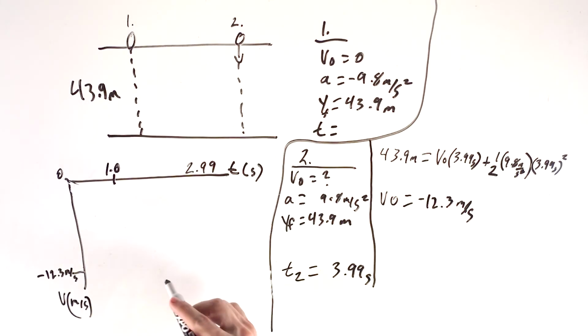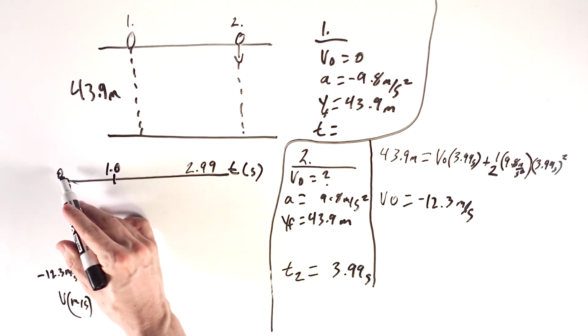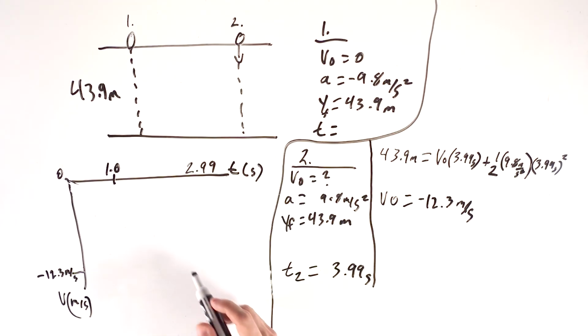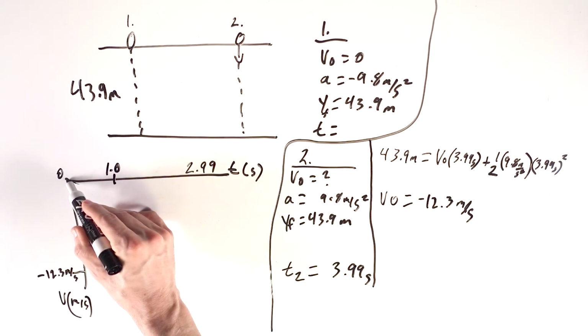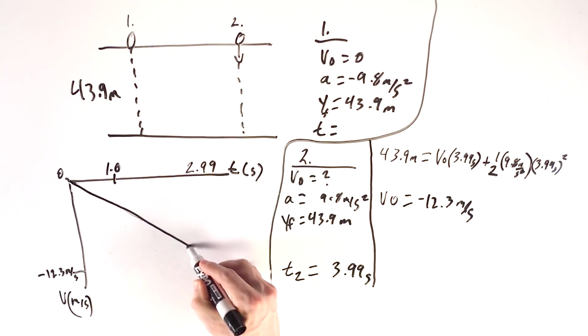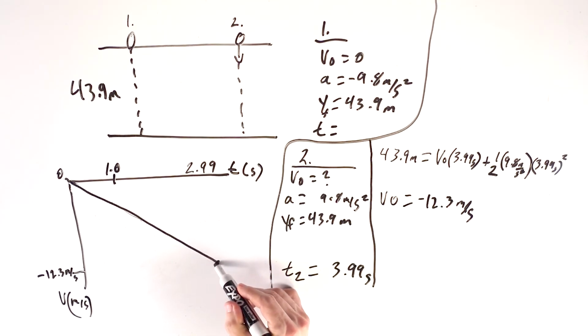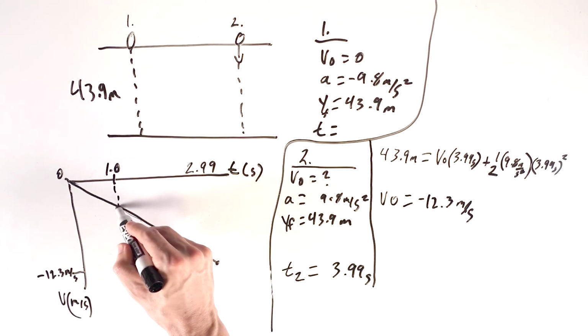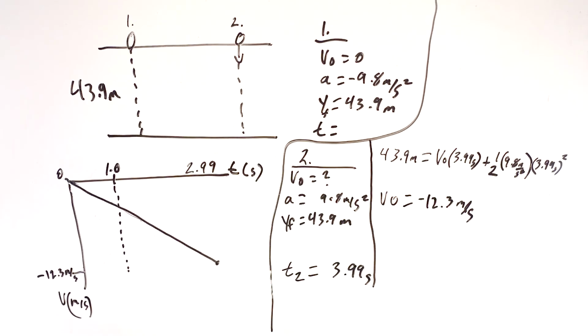Okay, so we do the first rock that was dropped. It started from an initial velocity of 0, and then went down for 2.99 seconds. So it comes down, and again, this is not on graph paper or anything, but comes down and then stops. So then the second rock is then delayed. I'll draw this down here.